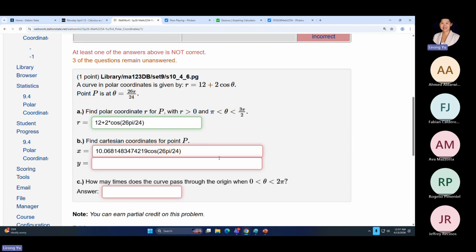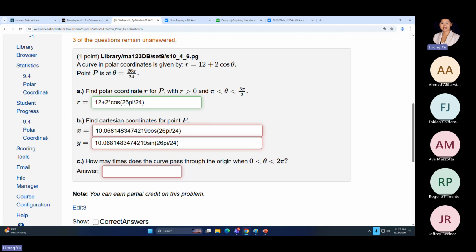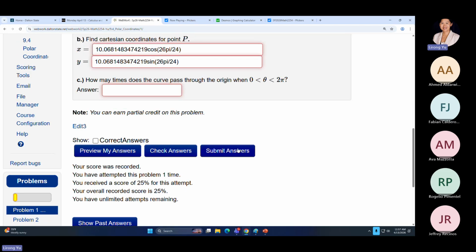That's r times cosine theta, and then the y value should be r times sine theta. So this is how we convert from polar coordinates, the r and the theta, into rectangular coordinates: r times cosine for the x and r times sine for the y.